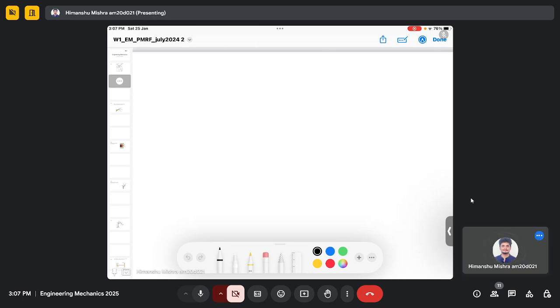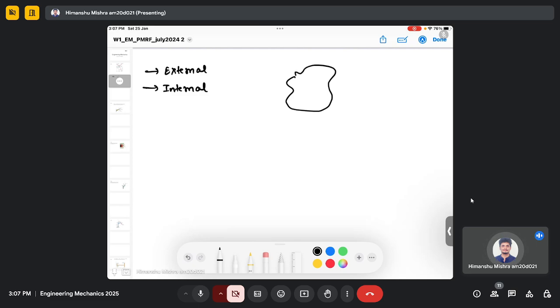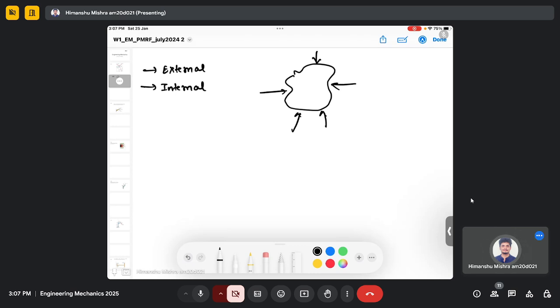Forces can be classified into external and internal forces. External forces means if you have any arbitrary body, and you apply forces from the outside, that is from a system that is not associated with the body, then these are the external forces.